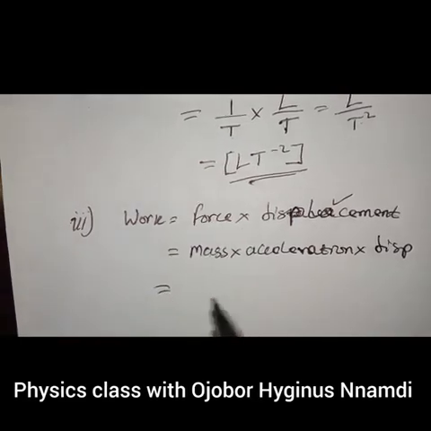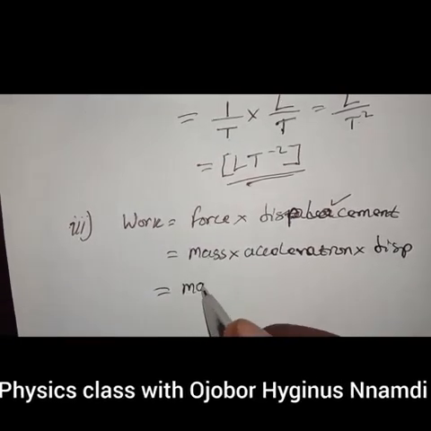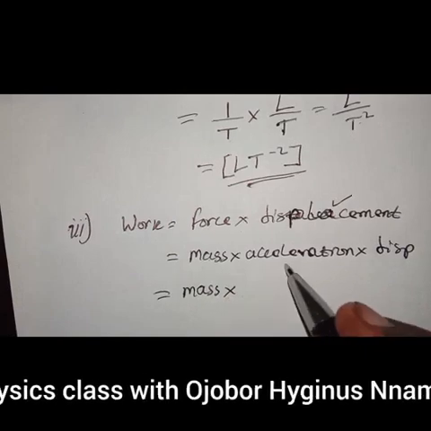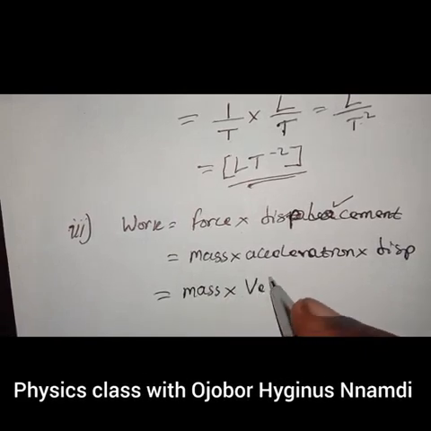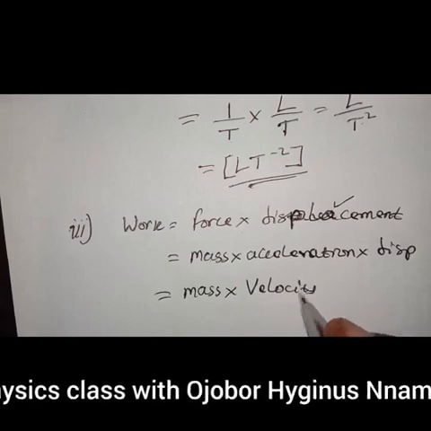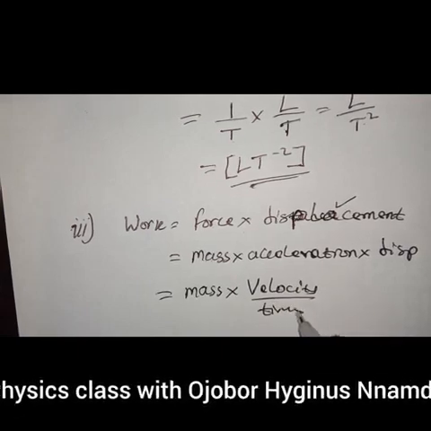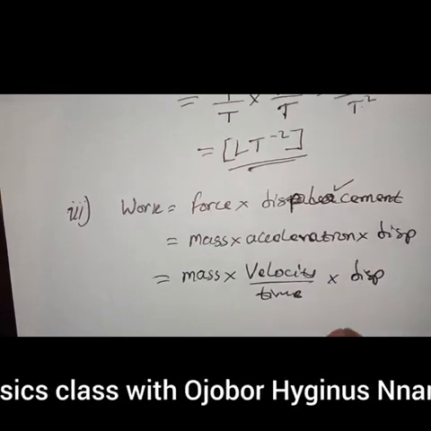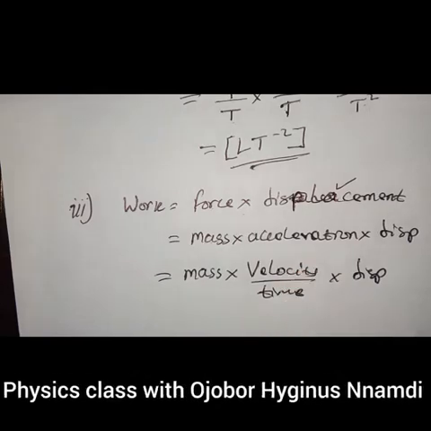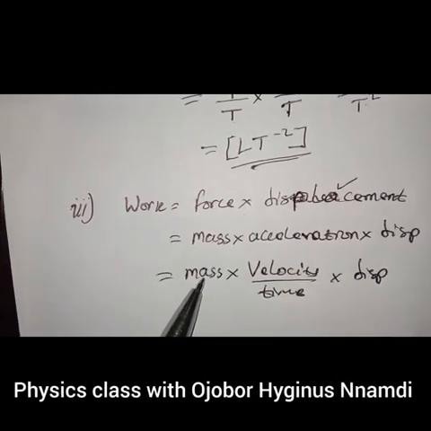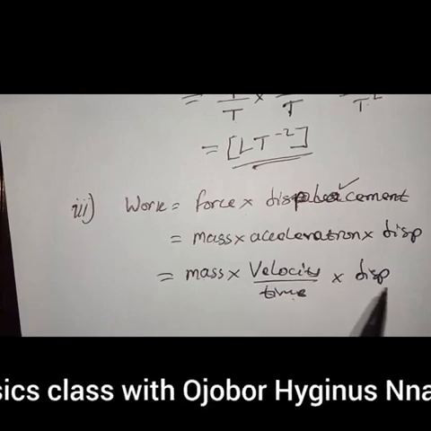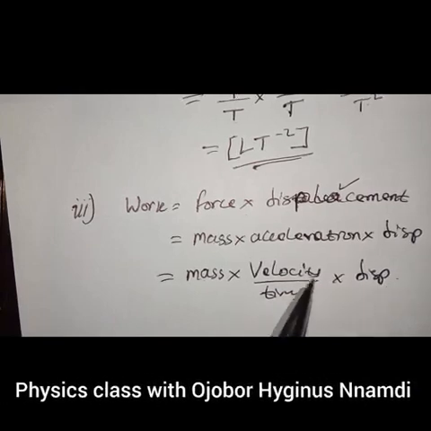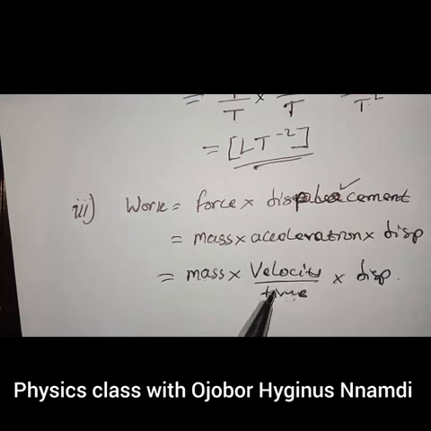So this is equal to mass, which is a fundamental quantity. So we've gotten that. But acceleration is not. So we break down acceleration as what? Velocity all over time, as we know, then times displacement, which is here before. Then mass is a fundamental quantity, time is a fundamental quantity, displacement is a fundamental quantity. It's only velocity that is not. So I will let velocity be alone.